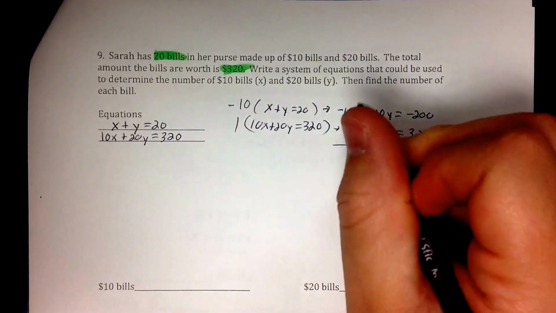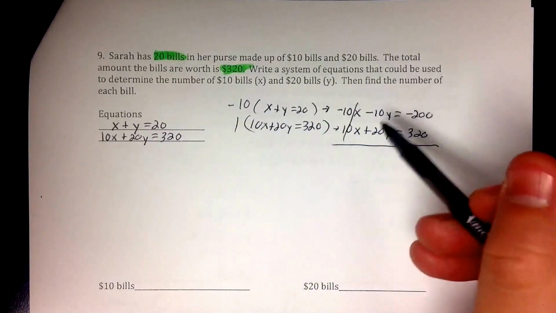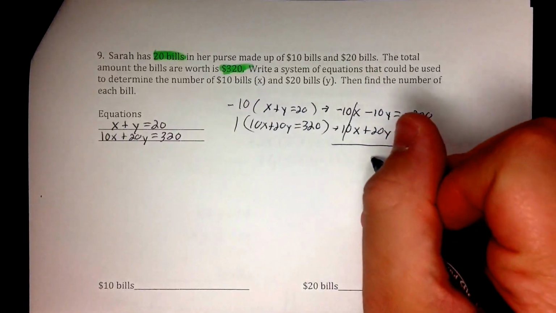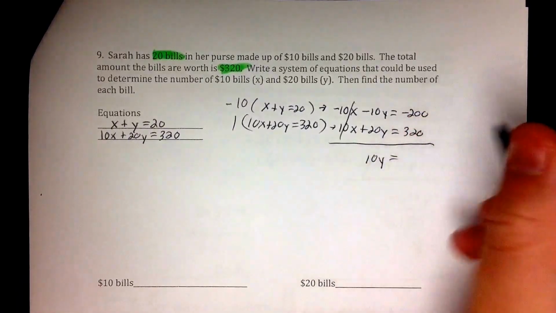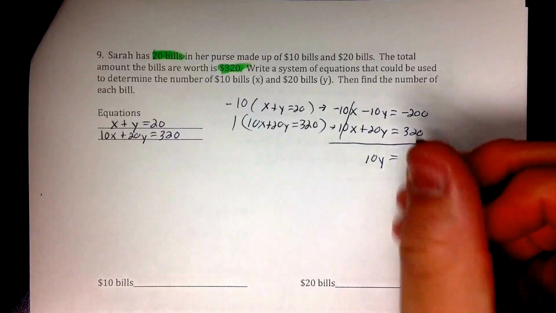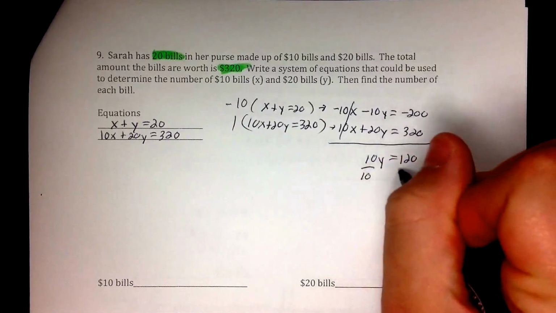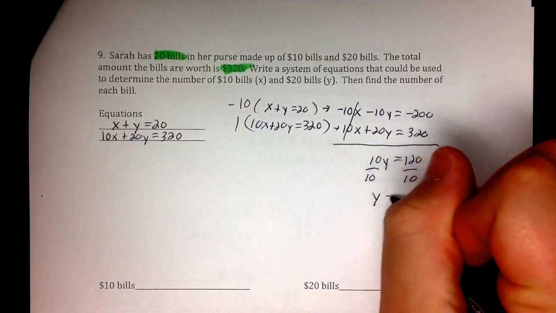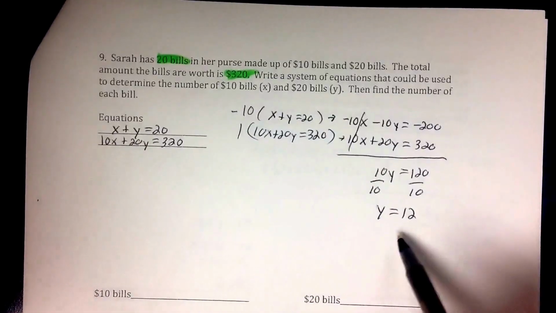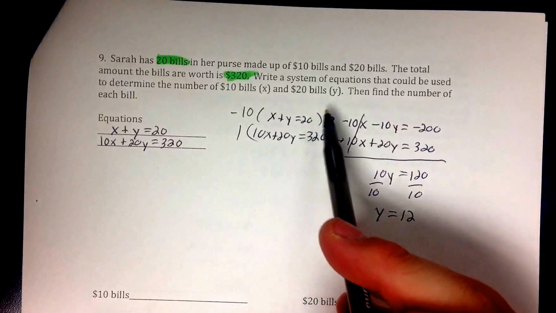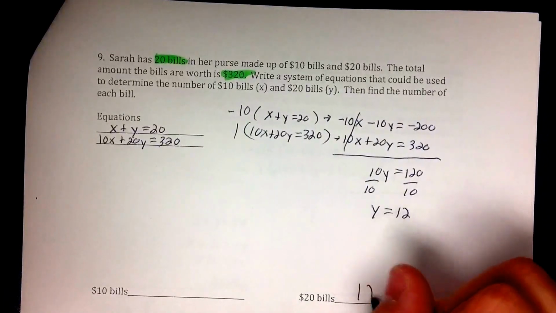Now if I add these together, the x's drop out. Negative 10y plus 20y is positive 10y. Negative 200 plus 320 is 120. So we divide that by 10, and I get y equals 12. And again, y is the number of $20 bills, so there were 12 $20 bills.